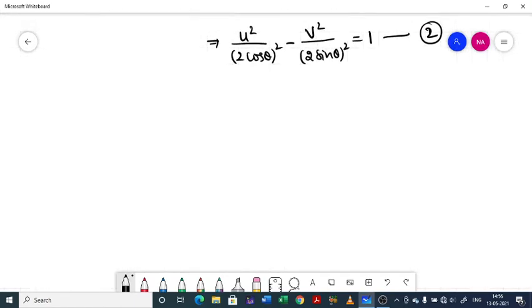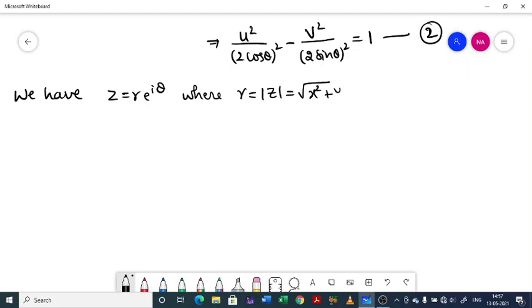Before considering the cases, we have Z equal to R into e power i theta, where R denotes the modulus of Z, that is R equal to square root of x square plus y square, and theta is the amplitude of Z, which is tan inverse of y by x.